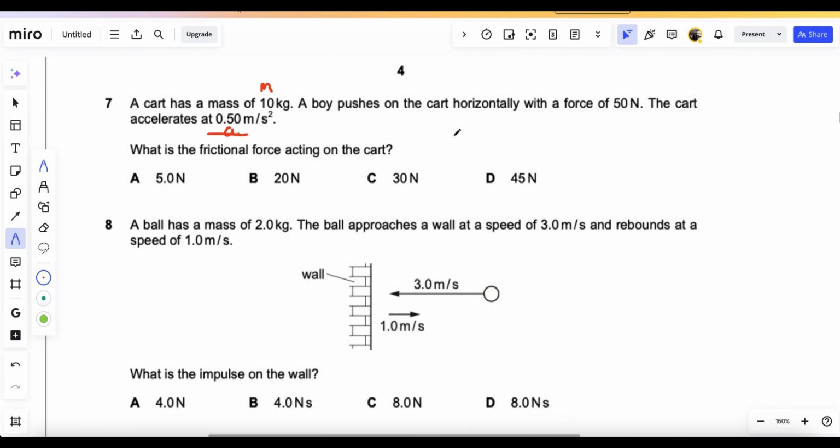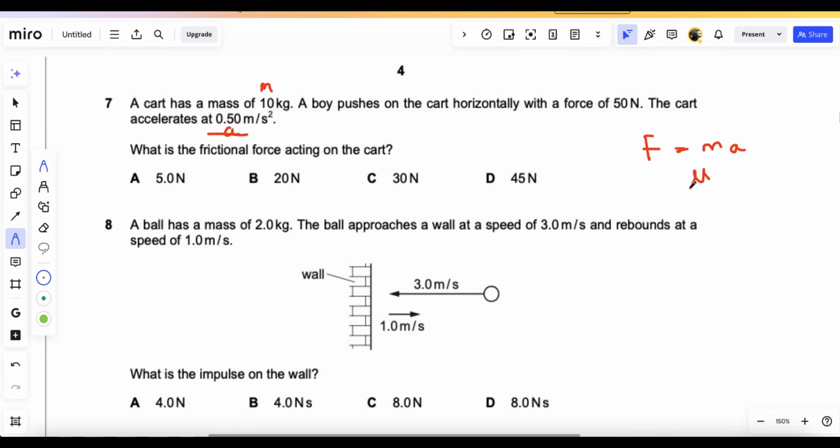The cat accelerates at this rate. What is the frictional force acting on the cat? Remember, force equals MA.